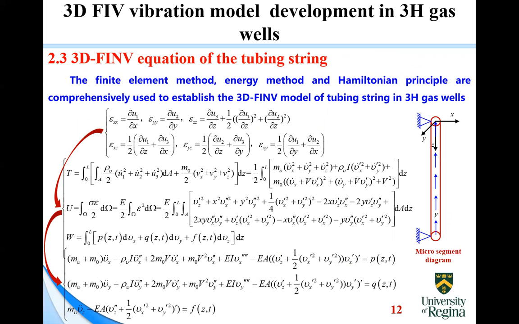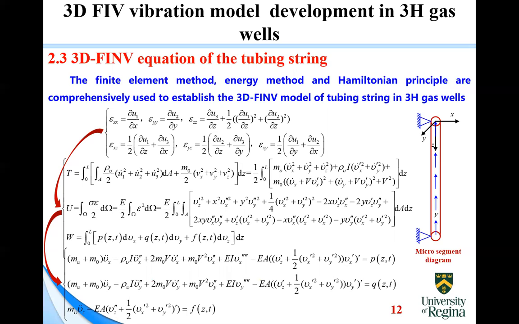First, we can express the displacement of the tubing string by the first equations, and we put the equations into the total kinetic energy, the potential energy, and the energy of the external force. T is the total kinetic energy, including the tubing and the gas fluid in the tubing string, U is the potential energy, and W is the energy of the external force, including the tensile energy and the bending energy.